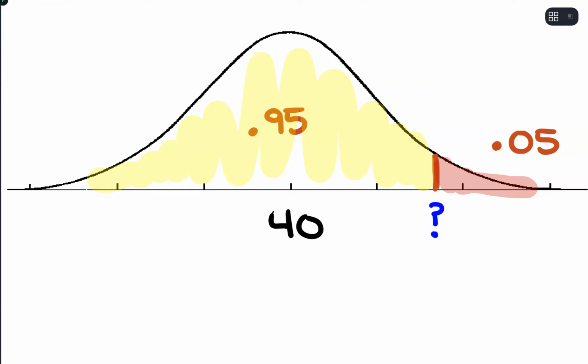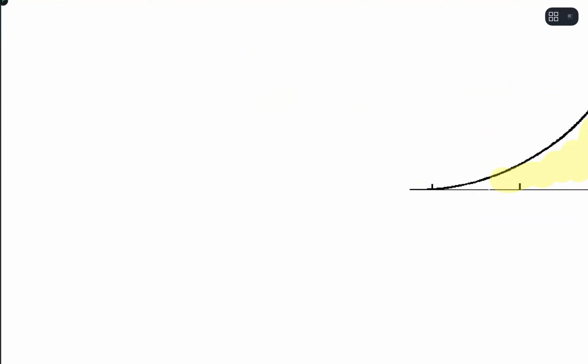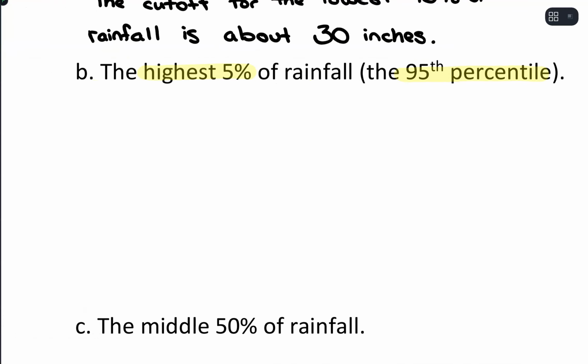So we're using the complement of the area. What we're looking for is the probability that x is more than or equal to some unknown is equal to 0.05, but to find that unknown, we're actually going to use this percentile value with that 0.95.